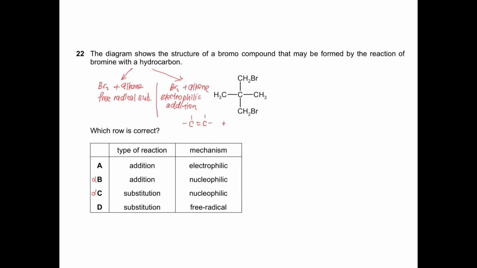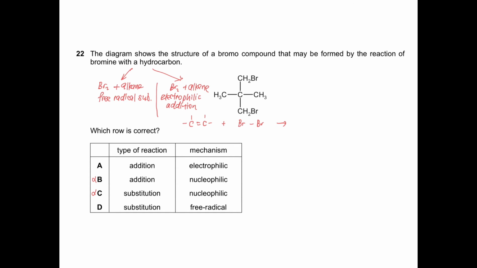If addition happens, the bromine here will go through heterolytic fission where it breaks down to Br positive and Br minus.